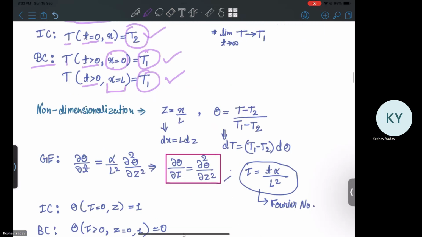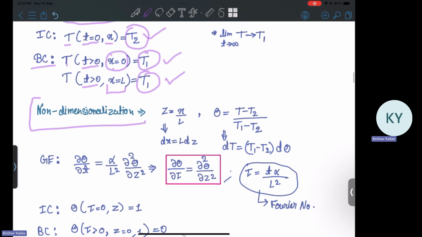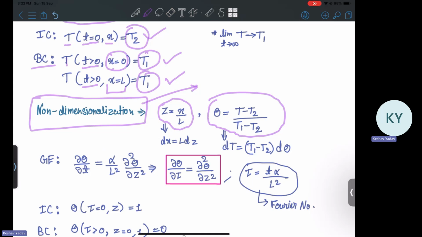Okay. Now we try to non-dimensionalize this equation. Why do we non-dimensionalize this? We non-dimensionalize this equation to reduce the number of parameters. Okay. So to non-dimensionalize, let us assume z equal to x by L and theta equal to (T minus T2) by (T1 minus T2).